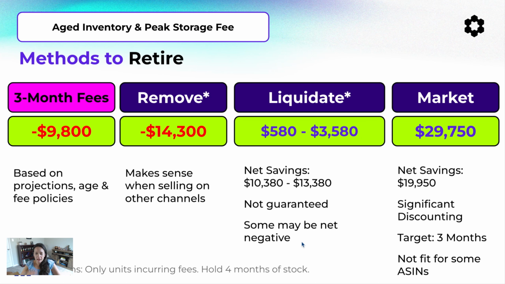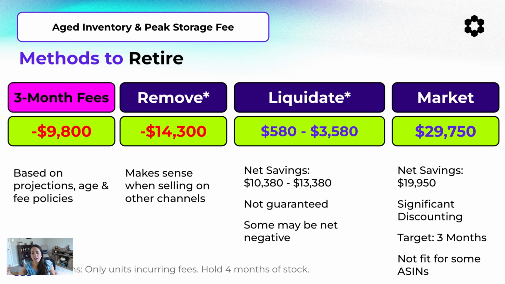Then we have liquidate, and in another slide, I'll get into how liquidation is actually calculated. We have liquidation, and we look at the net savings. Amazon's going to take this inventory and sell it to someone in liquidation. They're going to get between 5 and 10% return, and then Amazon's going to take a referral fee, because Amazon loves to tack their fees on. So they're going to take a portion of the money that they get back and charge you a processing fee.